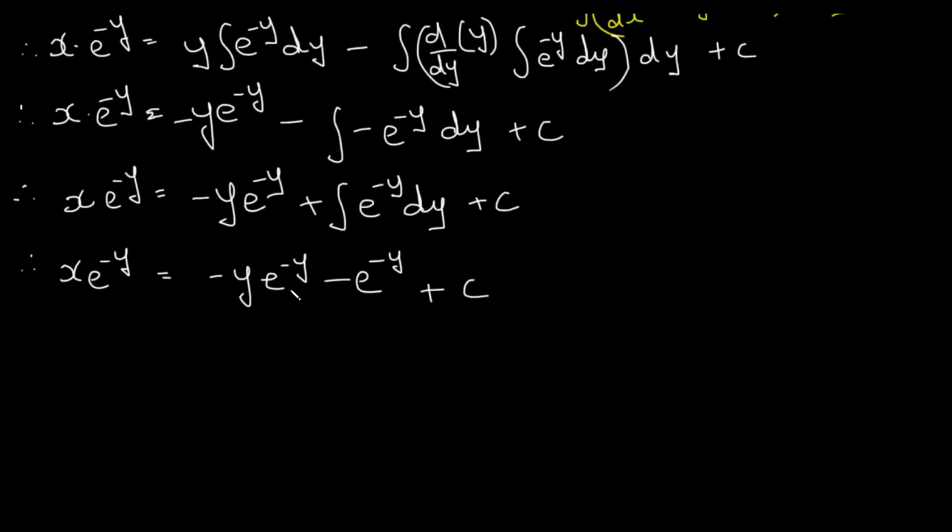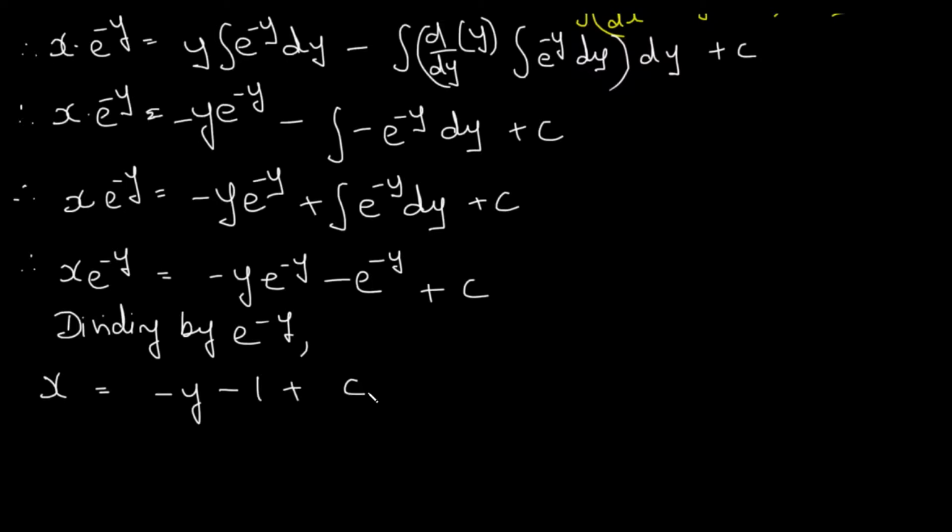Now we remove this e raised to minus y term. This is as good as the answer, but to make it simpler, we remove this e raised to minus y term by dividing each term by e raised to minus y. So we are going to get x is equal to minus y minus 1 plus c upon e raised to minus y.